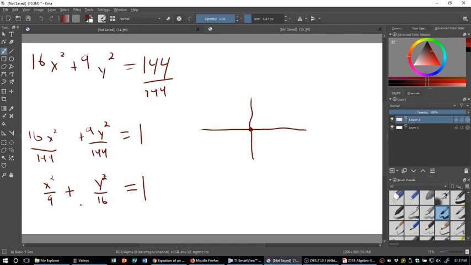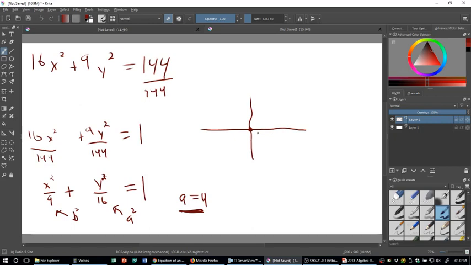So this guy over here is b squared. That's the smaller of the two, and this one is a squared. It's the bigger of the two. So that means A in this problem is 4. And again, A represents the distance from the center to a vertex.